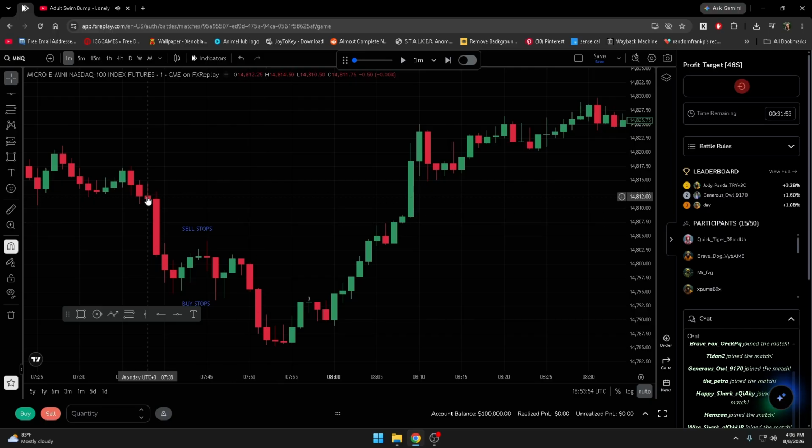Because you also see this candle right here, the boom, right? Alright, so this would also be considered as the first fair value gap, first candle of this fair value gap.